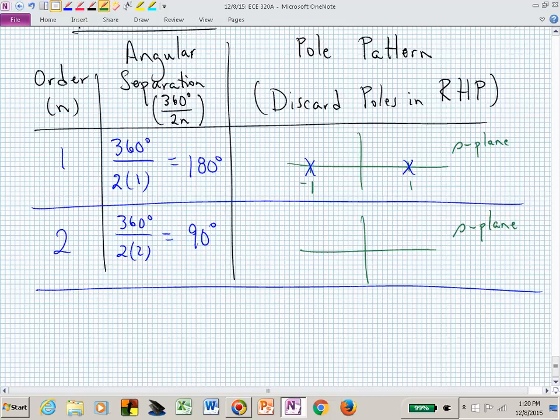If I put 1 pole on each of the 4 axes, I would have 4 poles, and they would be separated by 90 degrees. But 2 of those poles would be right on the imaginary axis. And what happens when you have poles on the imaginary axis? It's just an oscillator. So it just shakes. So we need 2 poles.